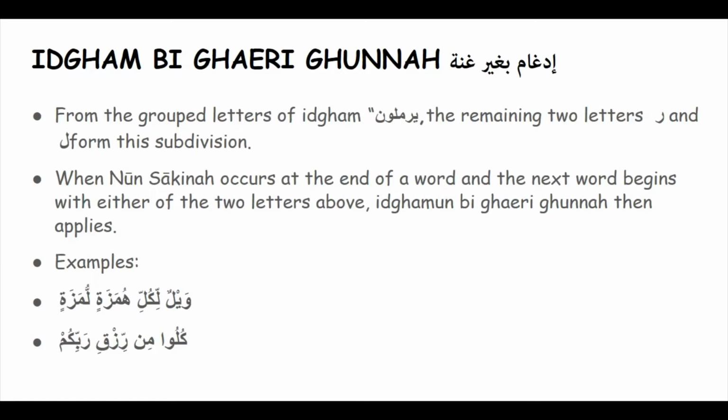So whenever nun sakina occurs at the end of a word and the next word begins with either of the two letters, that is ra and lam, then idgham bi ghayri ghunna will apply. It is idgham bi ghayri ghunna because you are inserting nun sakina and ra or lam together without applying ghunna, nasalization.